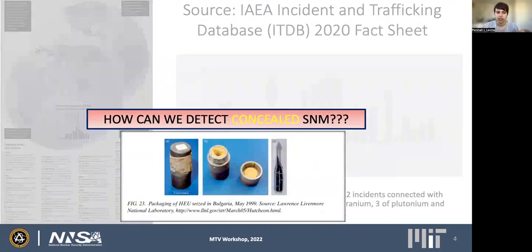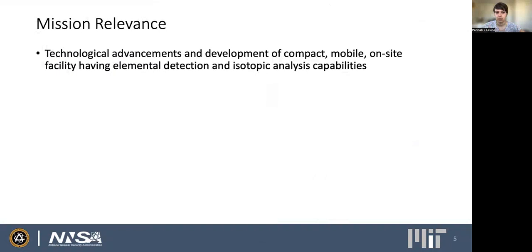And even more specifically, how can we detect concealed special nuclear materials when we can't see into a package or into cargo to see where that material is, and as well where it might be shielded? Our work is relevant to the NNSA mission because we're looking to develop technological advancements to develop compact, mobile, and on-site setups for having isotopic detection and isotopic analysis capabilities.